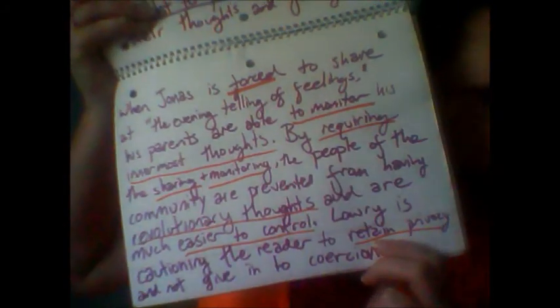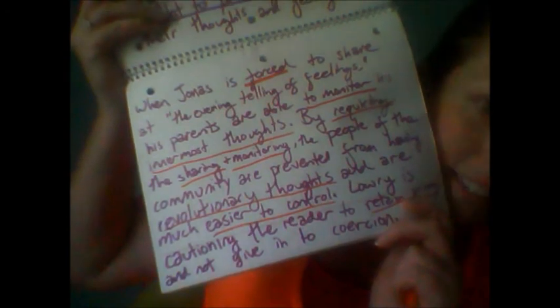He's forced. He's monitored. His innermost thoughts. It's required to share. The people of the community are prevented from having revolutionary thoughts and are much easier to control. Lowry's cautioned the reader to retain privacy. So all this stuff that I just highlighted in orange goes back to privacy.